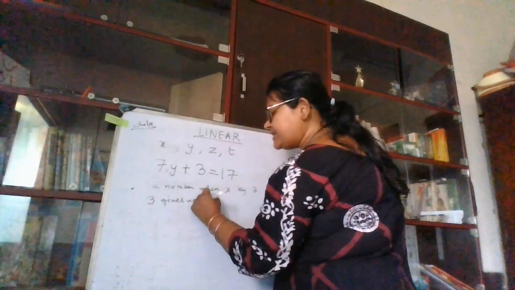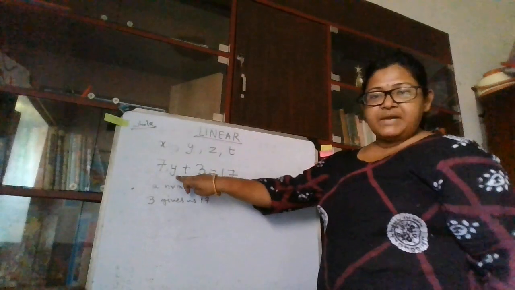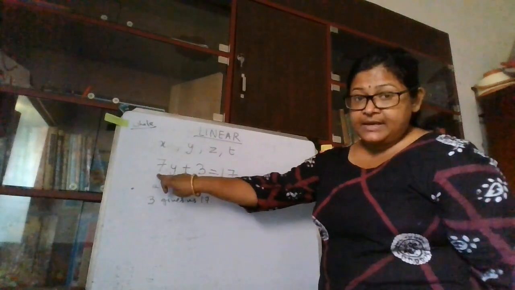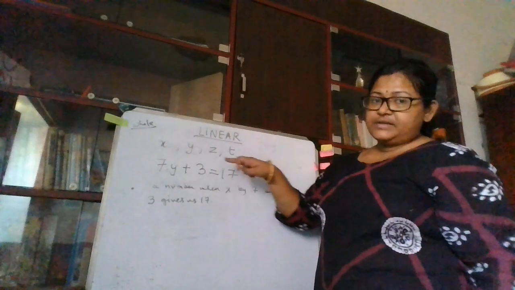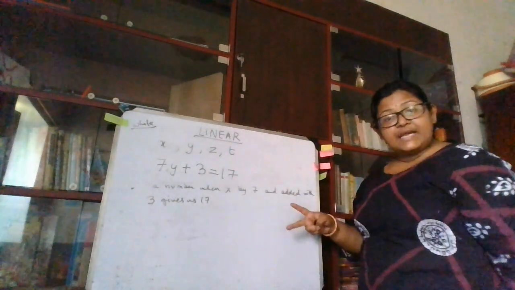Very simple. The way it is written, we have just written in statement format. A number when multiplied by 7 and added with 3 gives us 17. I have just written in the same format.